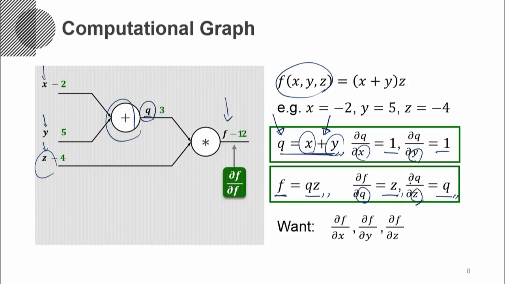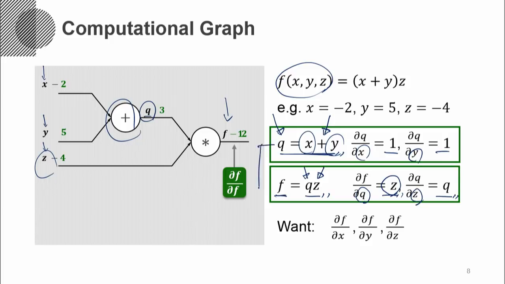So here, when taking the derivative with respect to q, all the other variables are considered as a constant. And so z here is treated as a constant, and that's why we obtain z as our gradient value.